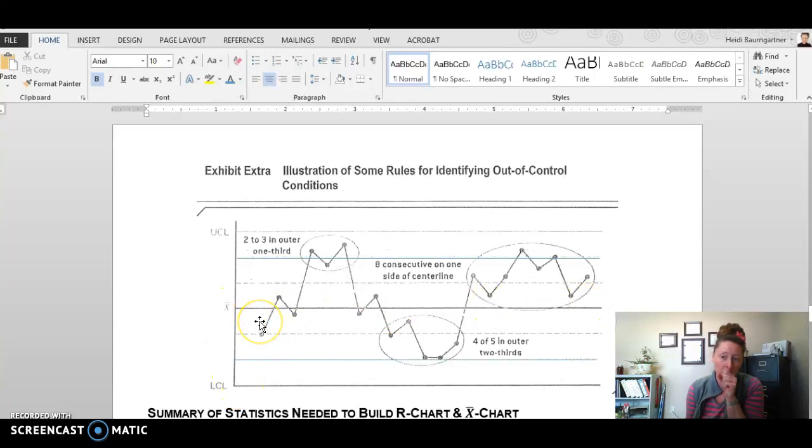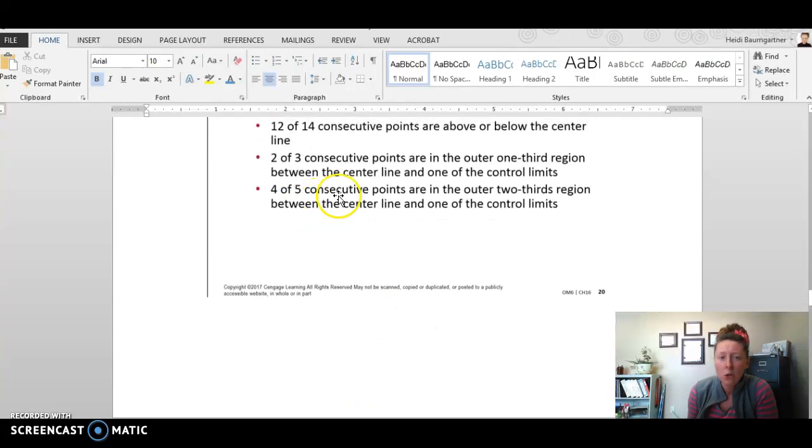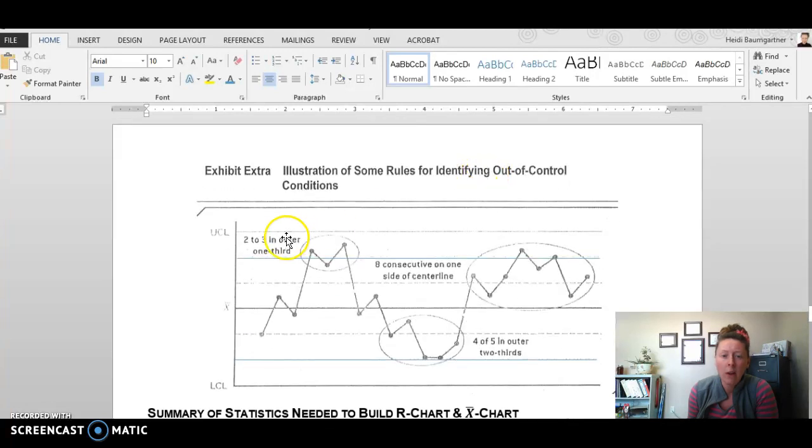This area is just broken into thirds for convenience's sake. So here's a third, another third, a third. When you see 2 of 3 consecutive points in the outer 1/3 region, so 2 of these 3, you're going to say this is out of control.